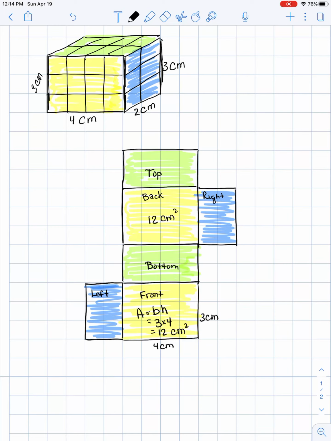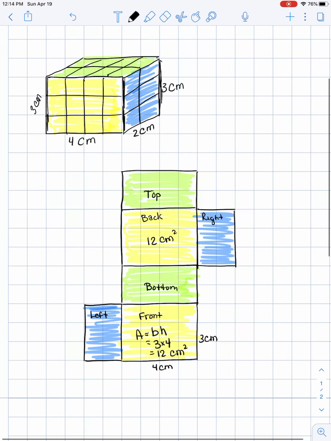Now let's look at the top, which is the green part. We can't see the bottom, but if we look at the blue, if this is 2, then the opposite side has to be 2. So this is going to be 2 centimeters. And if we look at the front, this is 4 centimeters, so the opposite side has to be 4 centimeters. So that's also one side of the top.